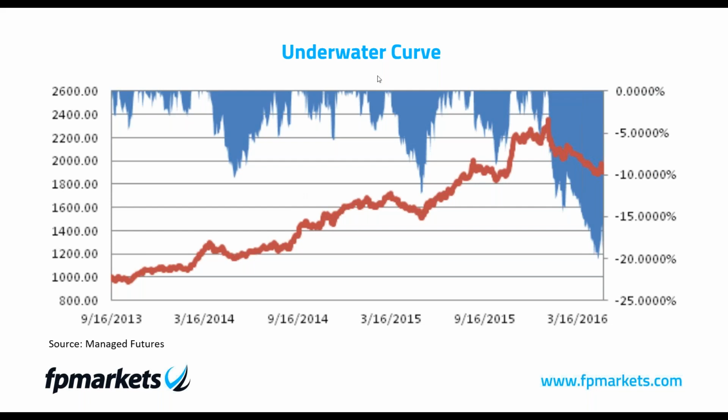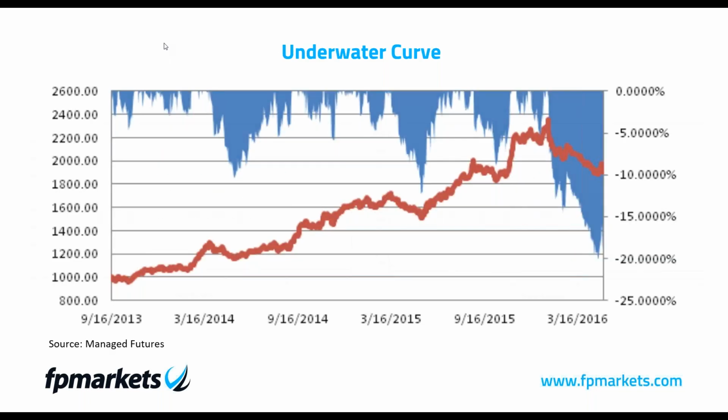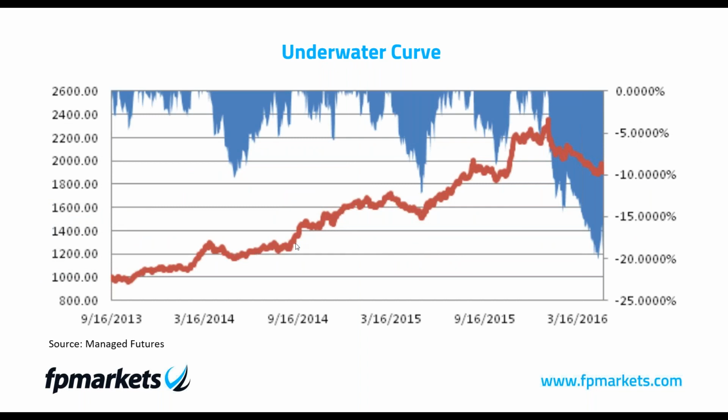So I thought this was a perfect image, and this is sourced from managedfutures.com. As you can see, this is our equity curve in red. So as I showed on the previous slide, let me just go back, and this is our equity curve here. Okay, and so this is our equity curve at this point here, and this is our underwater curve.